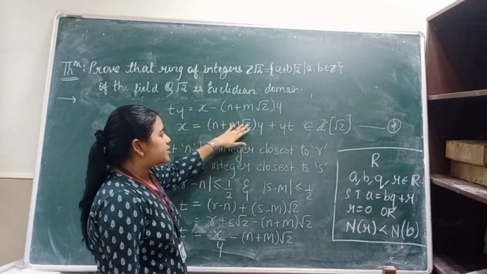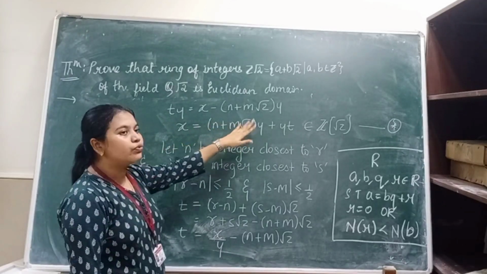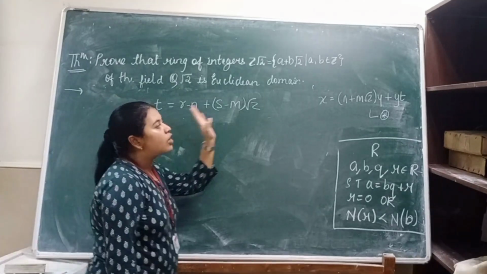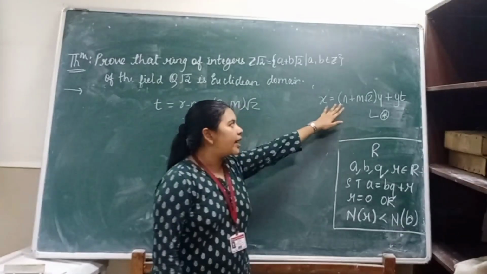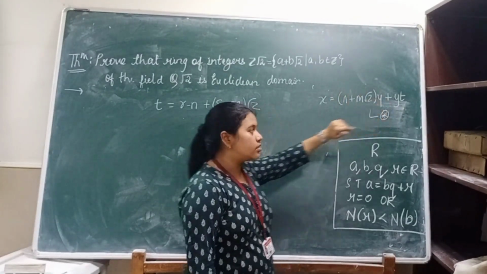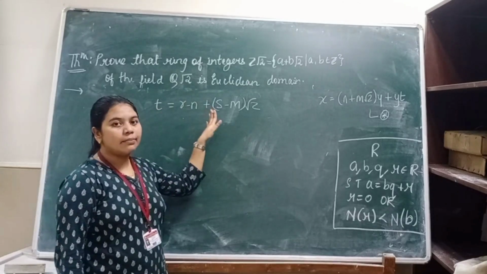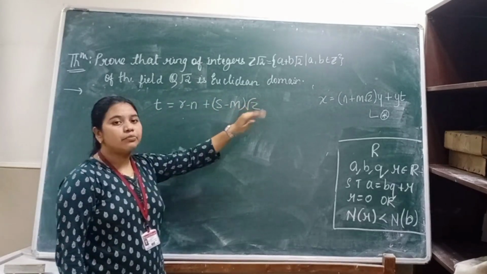Now here you can see that yt is the remainder and n + m√2 will be the quotient. So we have already seen that x will be equal to (n + m√2)y + yt, which is the star condition. And here we have already proved that t will be equal to (r − n) + (s − m)√2.